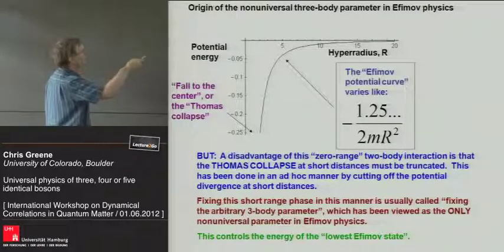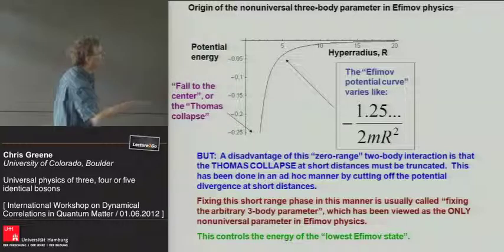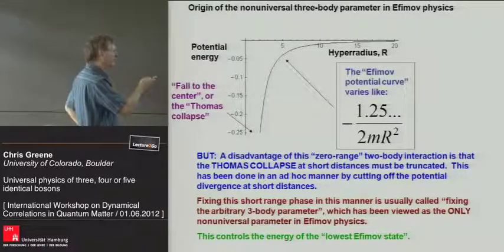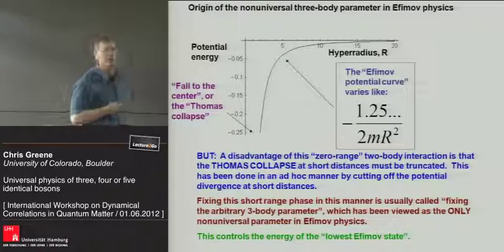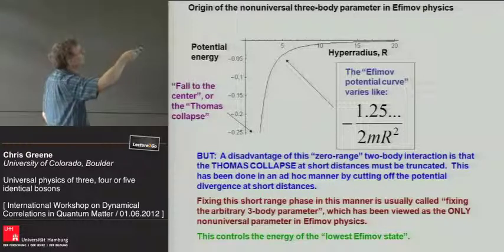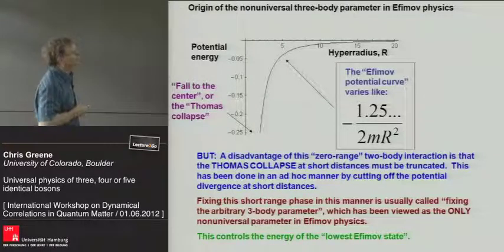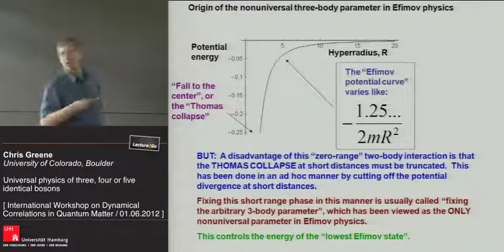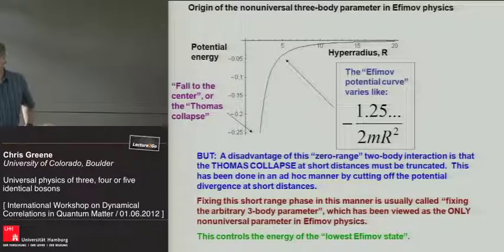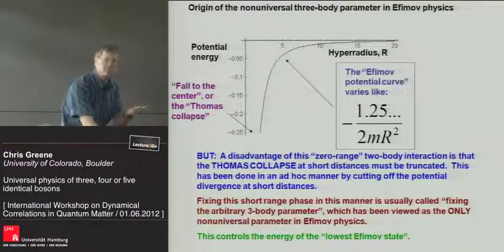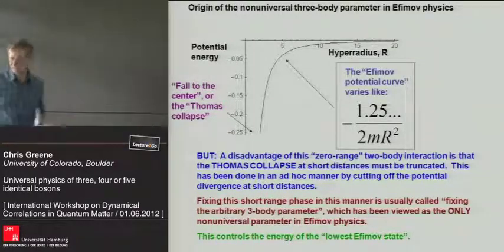In the Efimov physics or universal physics community, this is often referred to as fixing the 3-body parameter, settling on what phase you come out into this 1 over r squared potential with. And that in turn controls the energy of the lowest Efimov state in the problem. In this infinite ladder, it's not infinite going to minus infinity, but it truly is infinite going to 0.